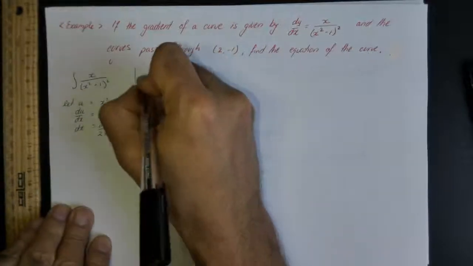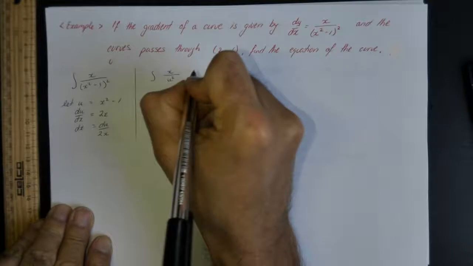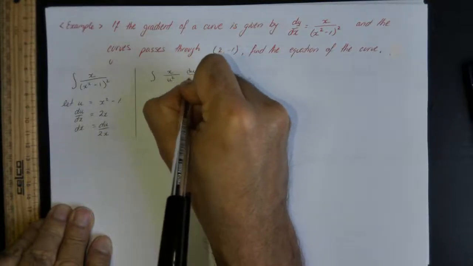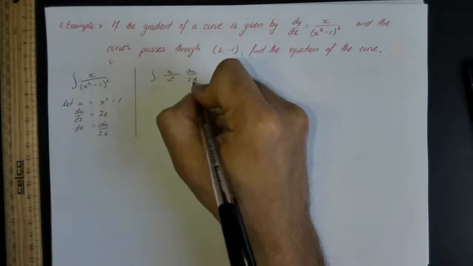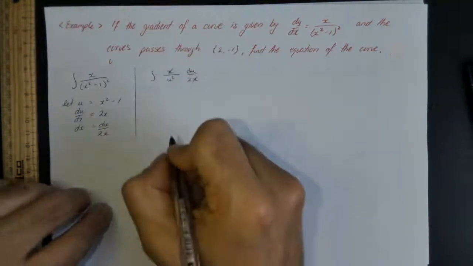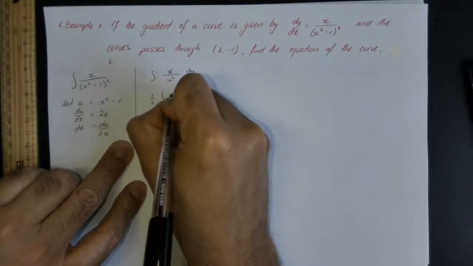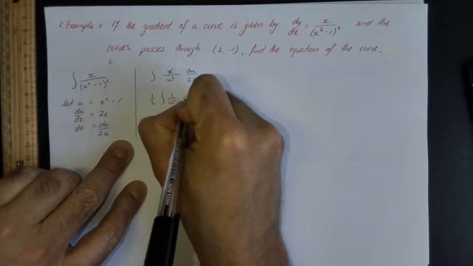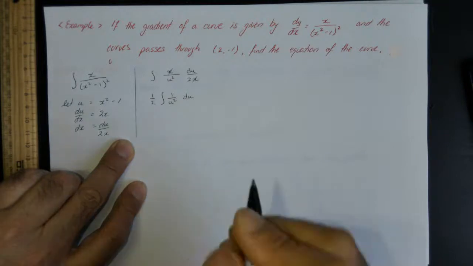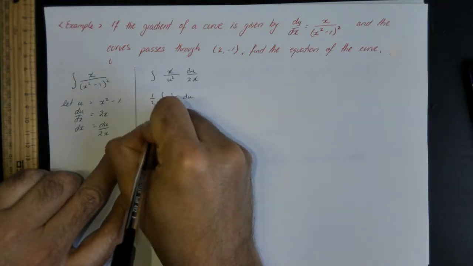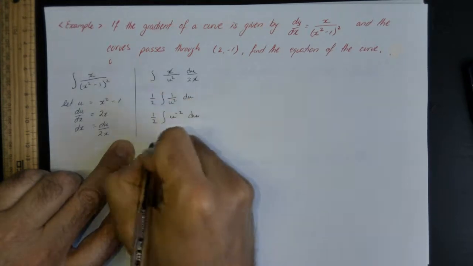So that means we're really working on the integral of x over u squared du on 2x. The good thing is that this x cancels that x, giving me a half, 1 on u squared du. That can be written as a half u to the power of -2 du.